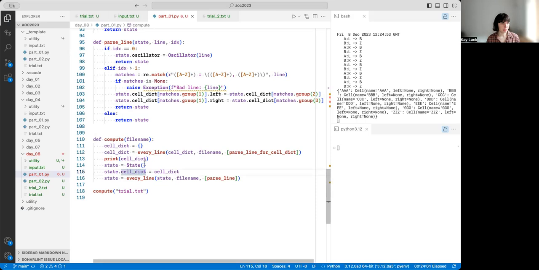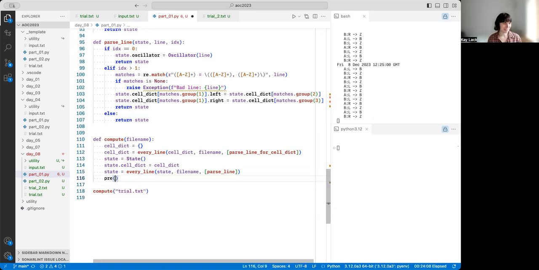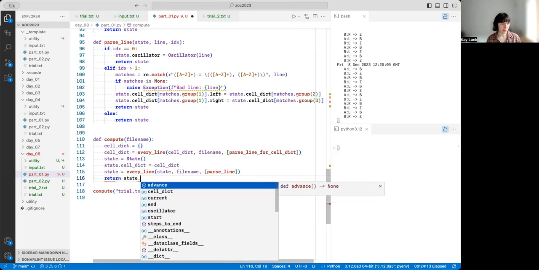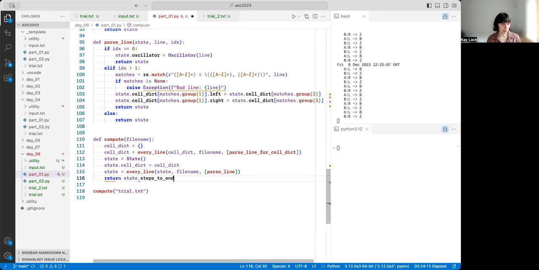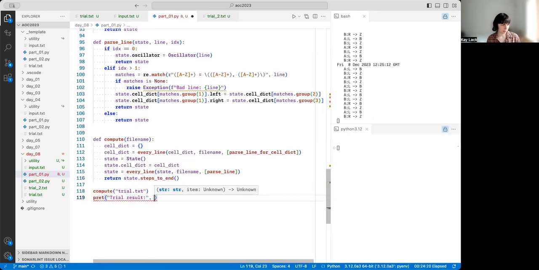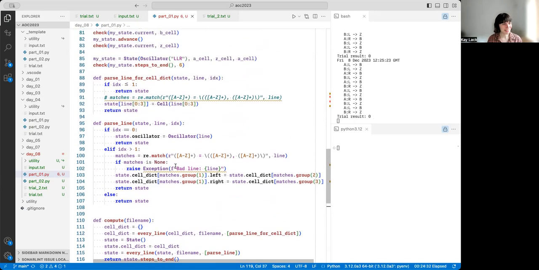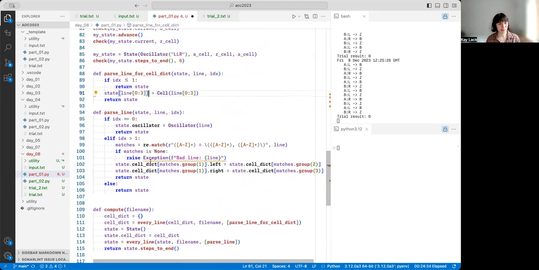Are we doing well? Do I win? Okay, let's find out. State steps to end. No, no, not 0, not 0 at all.